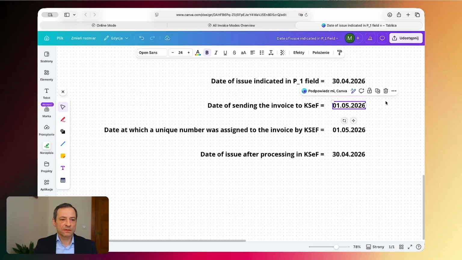So if you send it first, for example, 7 days later, then this invoice still will be deemed as issued within the offline 24 mode, but the deadline for sending the invoice to the Polish National Electronic Invoicing System was not met, which, according to the manual of the Polish Ministry of Finance, will not be penalized during the whole year 2026. Such cases may have, however, penal fiscal consequences starting with 1st of January 2027.